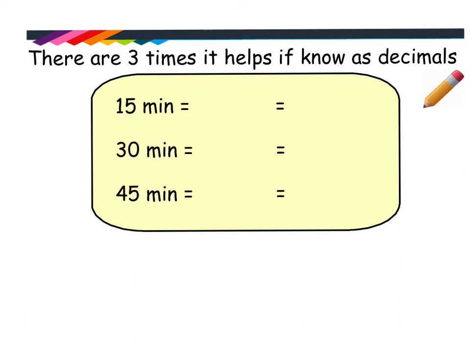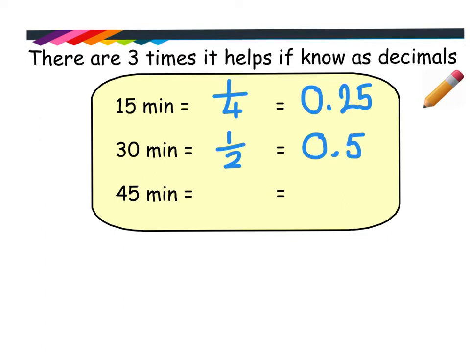Same way you need to know some very common percentages off by heart. 15 minutes can also be referred to in questions as a quarter of an hour. A quarter as a percentage is 25%. As a decimal, that is 0.25. 30 minutes is half an hour, and a half as a decimal, we should all know, is 0.5. The most common mistake we see is people saying 2.5 hours is 2.30.